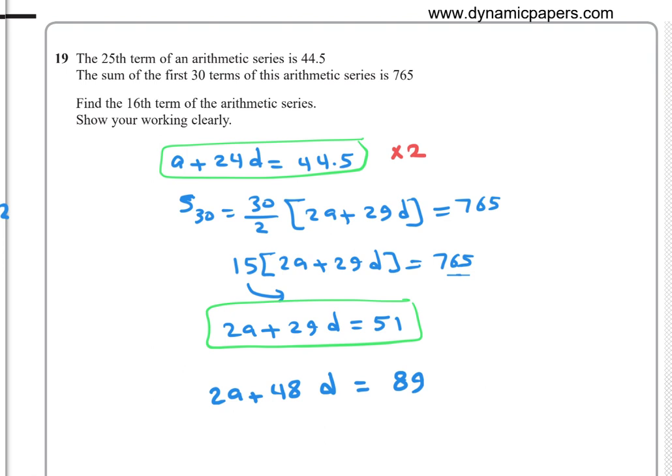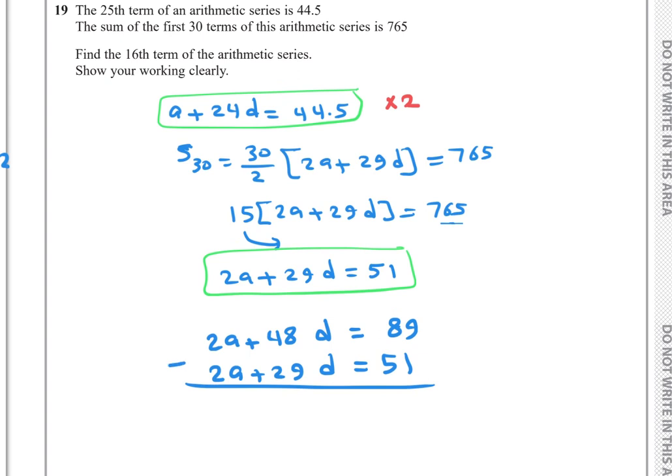And write the second equation without a change, so 2a plus 29d equals 51. Now subtract to eliminate a, so a cancels with a, and 48d minus 29d equals 19d.